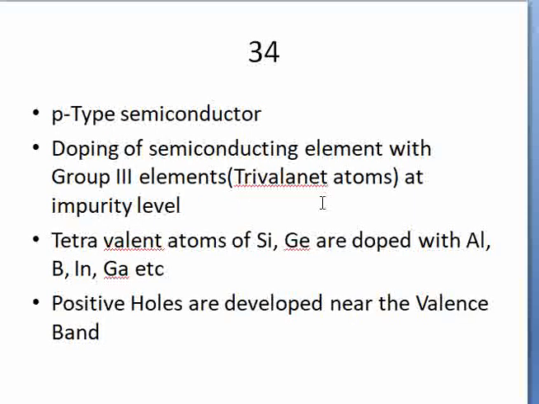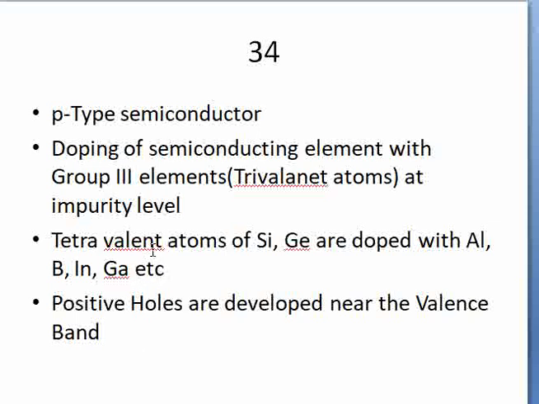P-type semiconductor: doping of a semiconducting element with group third elements, trivalent atoms, at the impurity level, only a small amount should be added. Tetravalent atoms like silicon, germanium are doped with aluminum, boron, indium, gallium, etc. If you add these, you get P-type semiconductor.